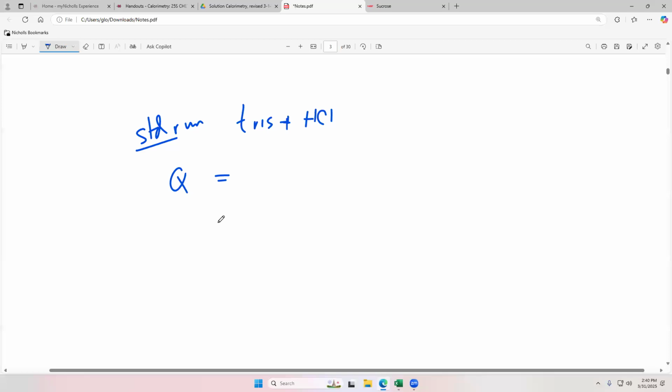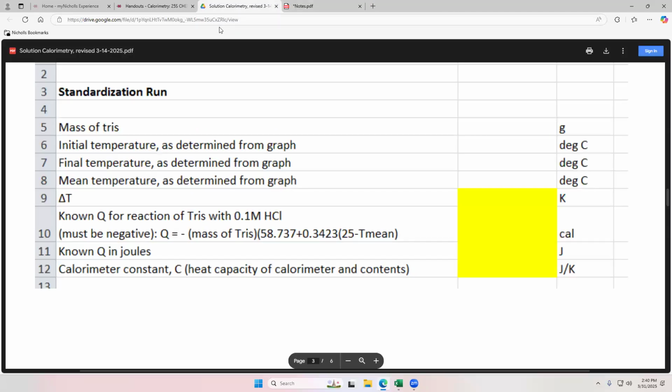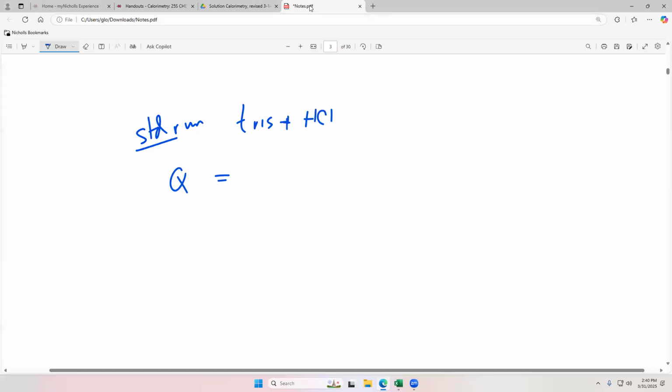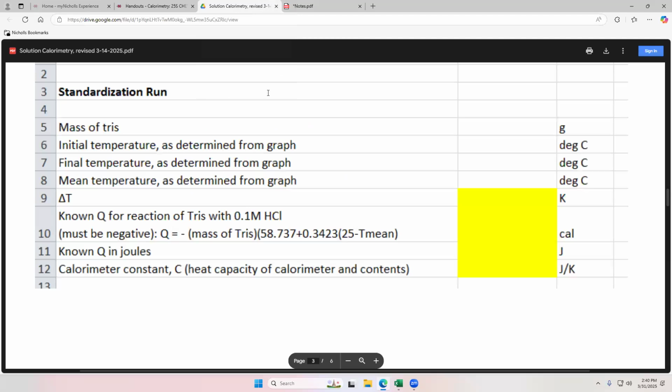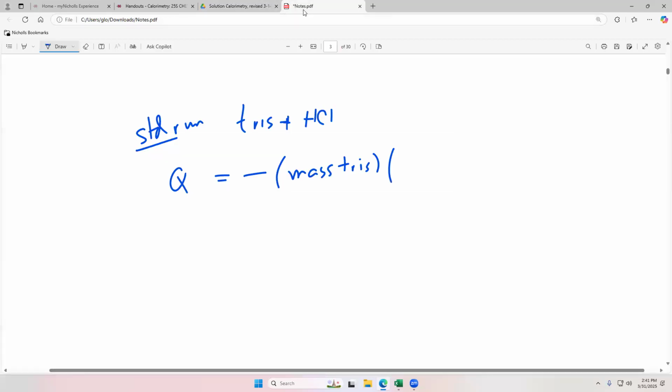The number is, what was it? Minus, it should be negative because this is an exothermic reaction. Mass of tris times 58.737.